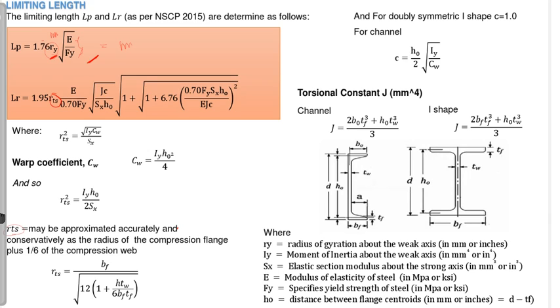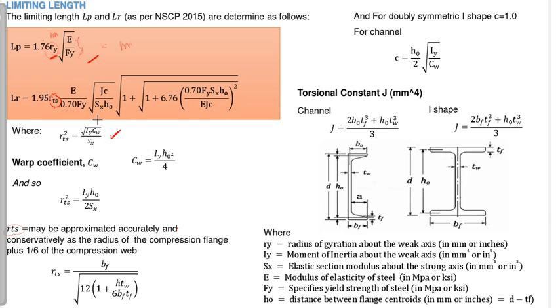So, yung RTS is the radius of gyration lang nung ating compression zone about y-axis. Kasi yun yung buckling natin about y. So, how do we solve for the RTS? We can solve RTS using this equation.